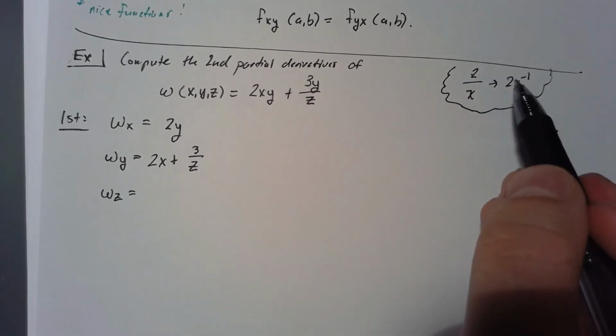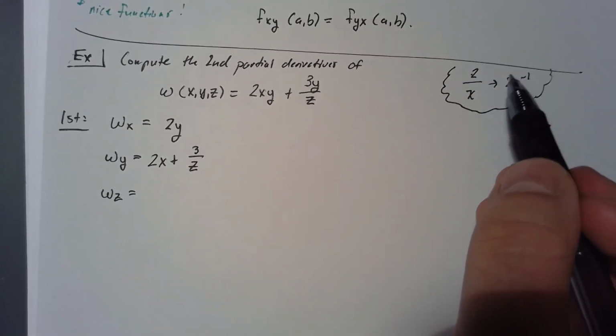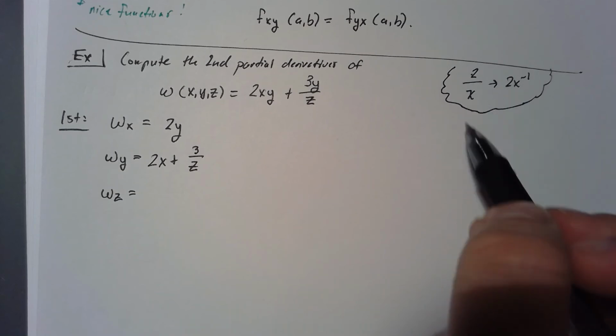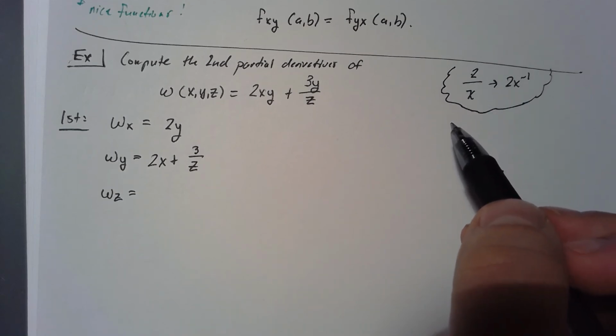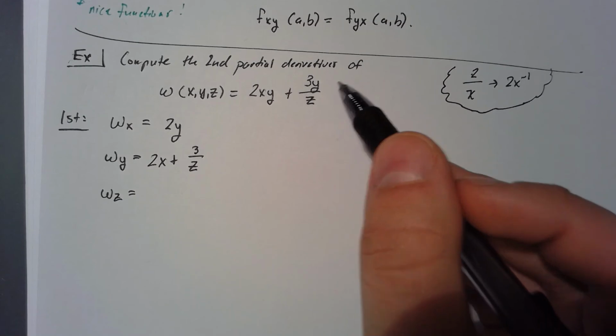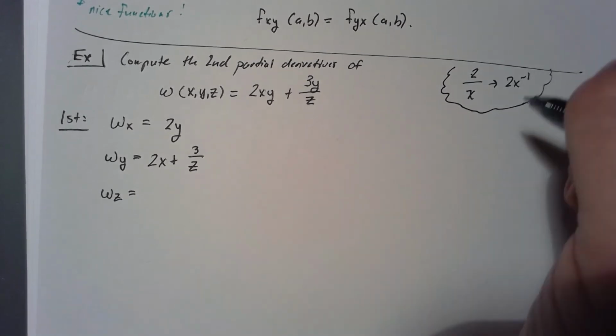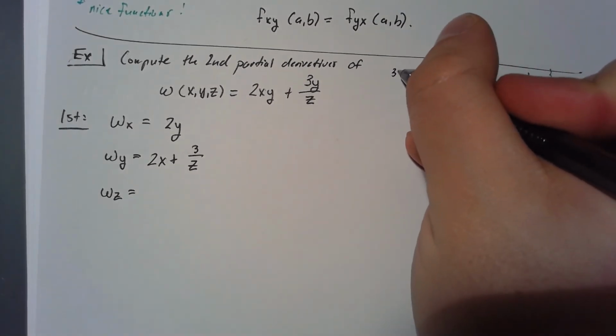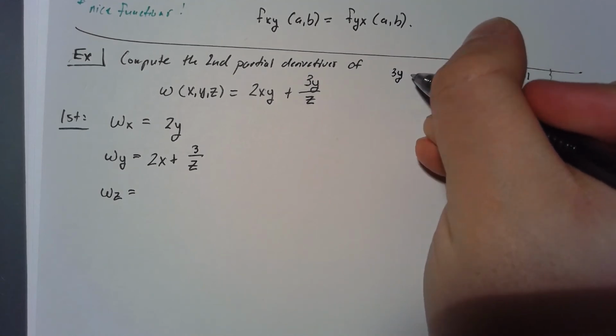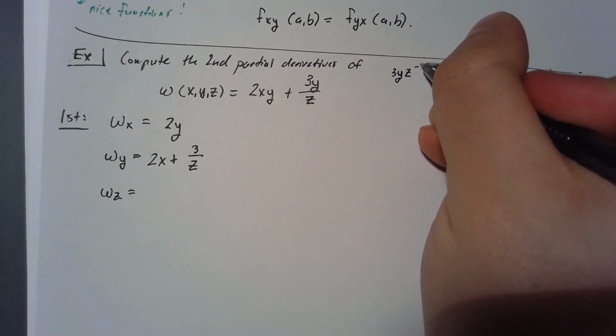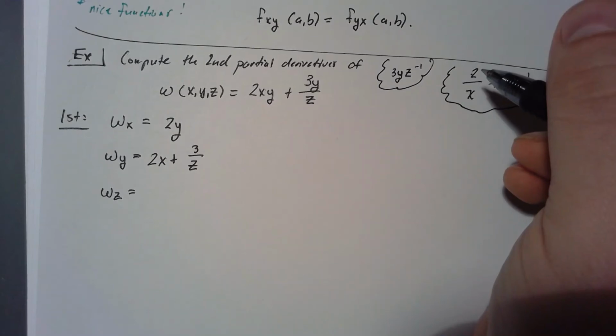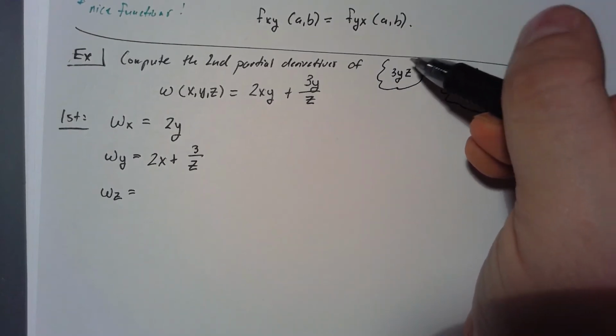So when I do that, I'm just going to bring the power out, right? So I'm going to rewrite this as 3y times z to the negative first. And now take the power rule.